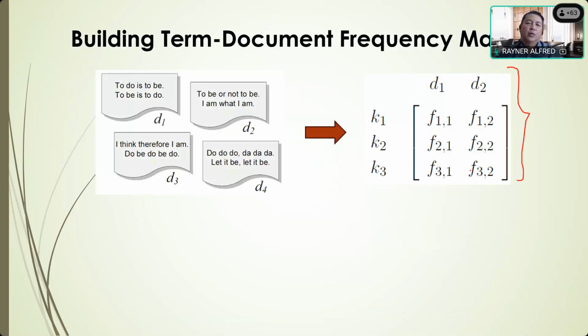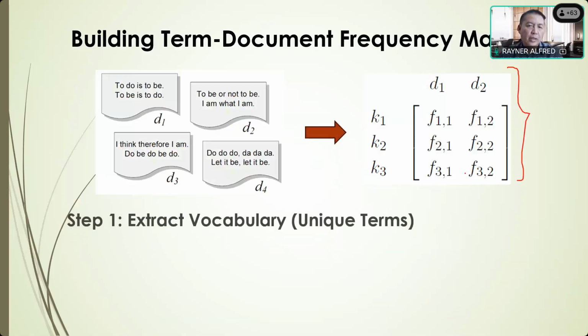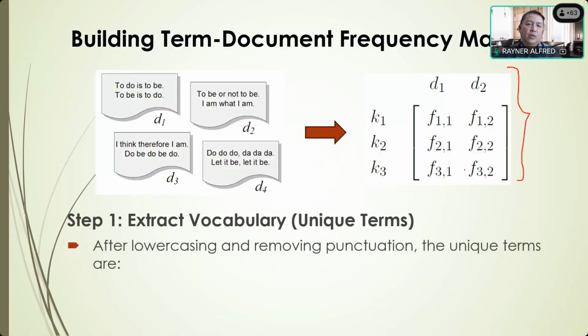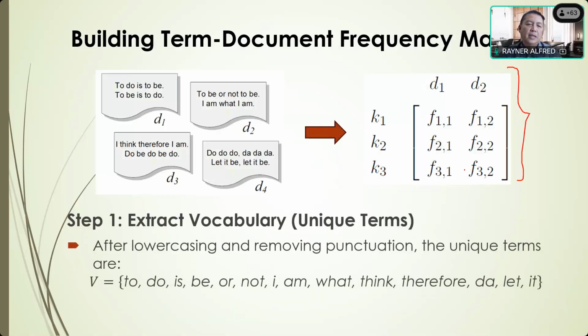So we want to build this term frequency matrix based on the documents that we have. The first thing we need to do is extract the unique terms that we have. So this vocabulary consists of all the unique terms from here.